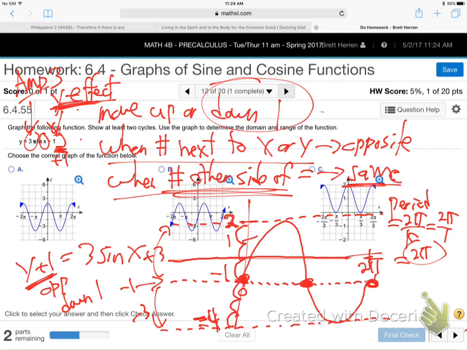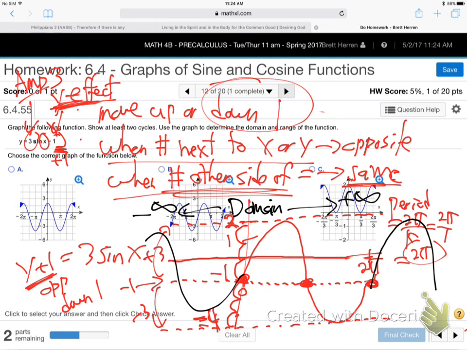Domain and range, yeah. So, remember, this keeps going, right? This keeps going. So what's the domain? Negative infinity, positive infinity. Goes forever, left and right. What's the range? Bottom to top. Bottom is -4. Top is +2. So the range would be -4, 2.